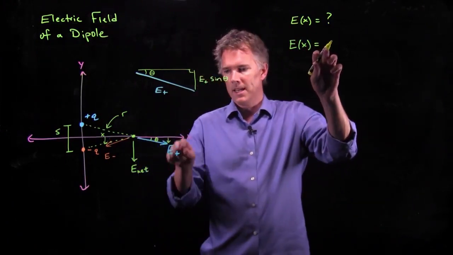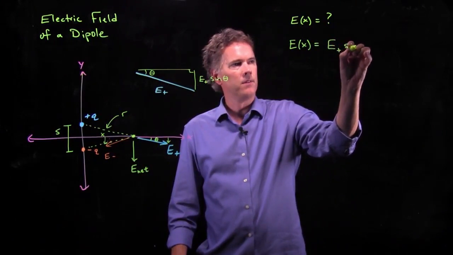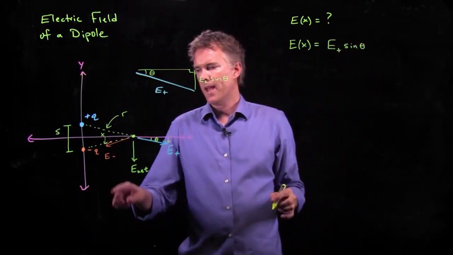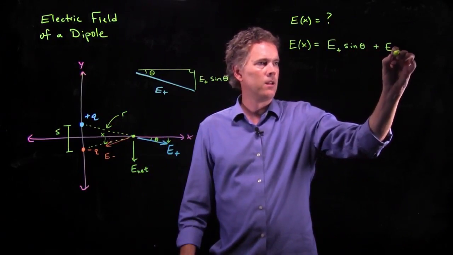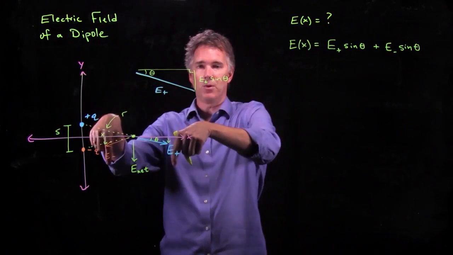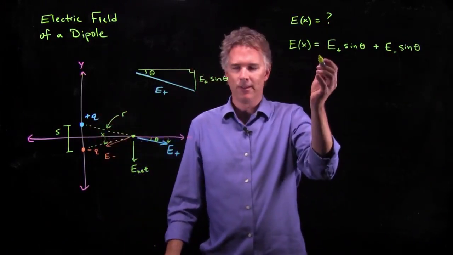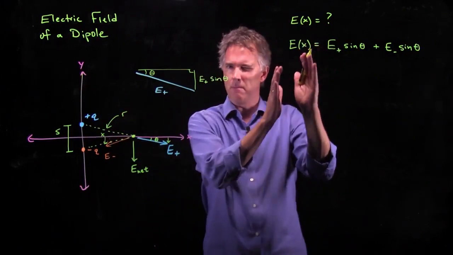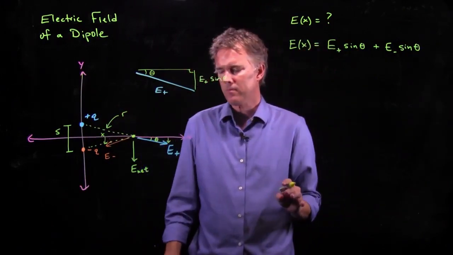So we've got an E plus sine of theta. We have an E minus sine of theta. Okay, they're both pointing in the same direction, which we know is negative. So we really want a negative sign when we're all done, but we're just worried about the magnitude right now. So don't worry about the negative sign just yet.